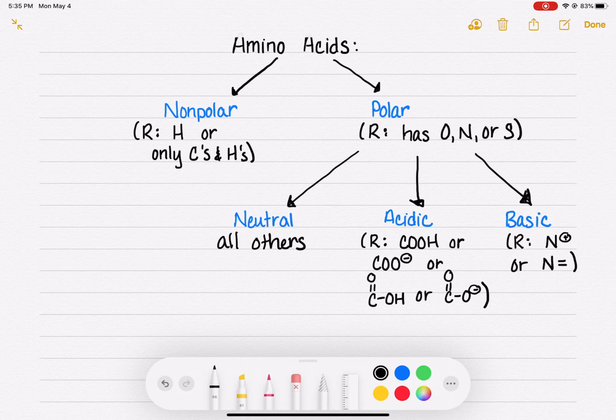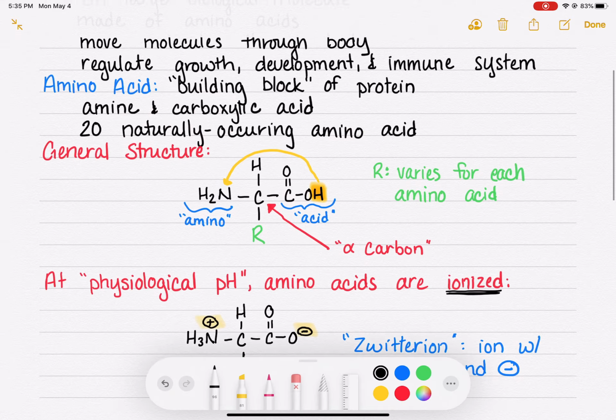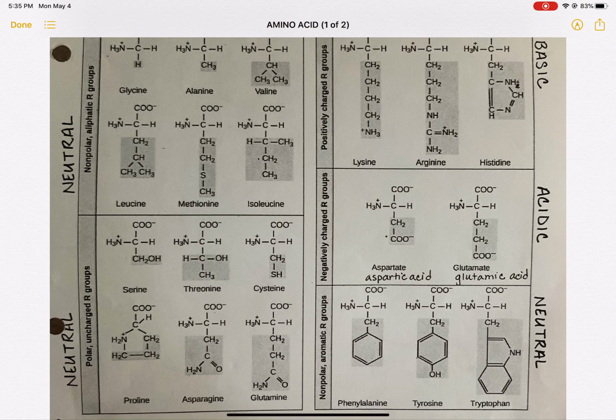So let's go back to that chart again and look again. So we can see, like looking here at glutamate, you can see the COO minus group on there, which makes it an acidic amino acid, and that's where that notation is coming from. Here is a nitrogen with a positive charge.